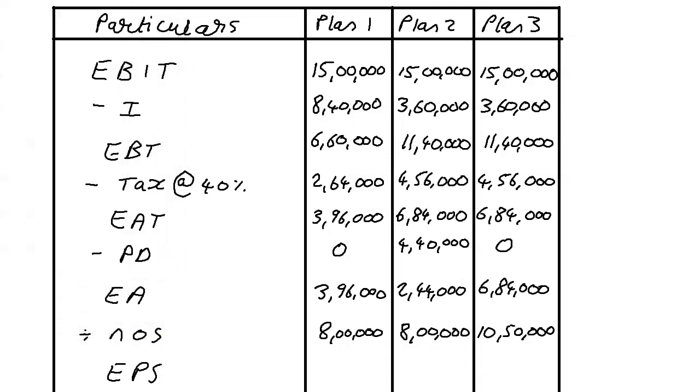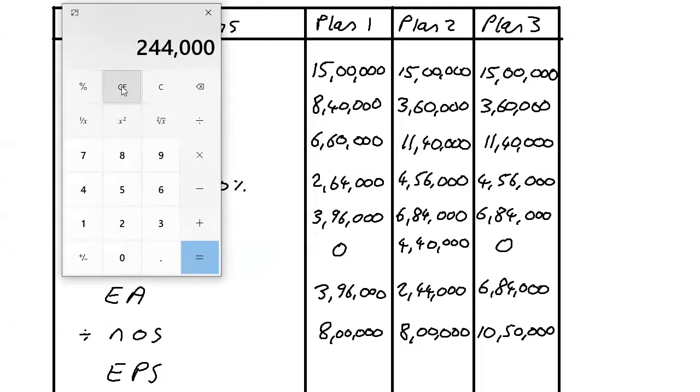Now calculating the EPS is straightforward. There's only one issue: you're going to get all of them in decimal, which is absolutely fine. We start with 3,96,000 divided by 8 lakhs, which gives us 0.495. Then 2,44,000 divided by 8 lakhs gives us 0.305.